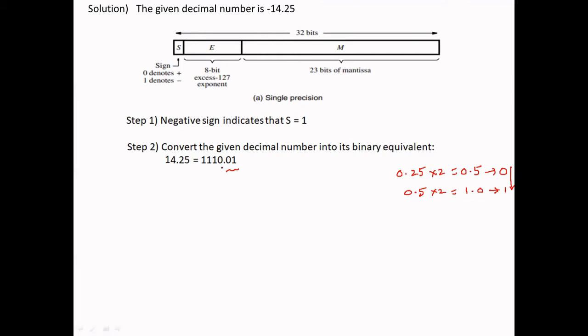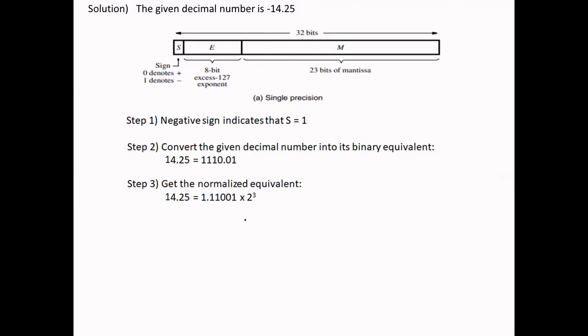So whatever the given decimal value, we first need to convert it into binary. This is the second point. The third point is to get the normalized equivalent. How many binary digits do we move left? From here, 1, 2, 3. So 2 power 3.